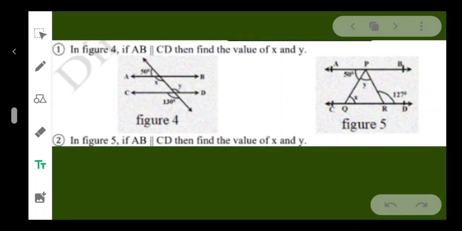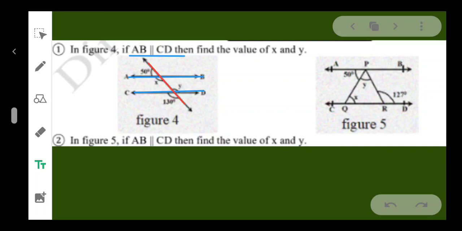Now for some question practice. In figure 4, if AB is parallel to CD, then find the value of X and Y. AB parallel to CD, this line AB parallel to CD, this is the transversal. Then see, there may be one or more methods.